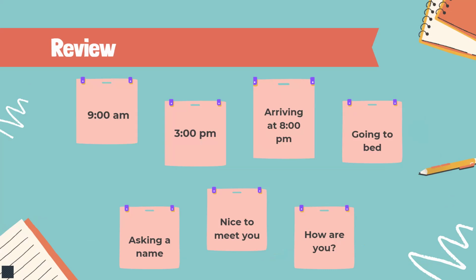What do we say at 9 a.m.? Good morning, correct. What do we say at 3 p.m.? Good afternoon, exactly. Now, what do we say when we are arriving at 8 p.m. at a restaurant?